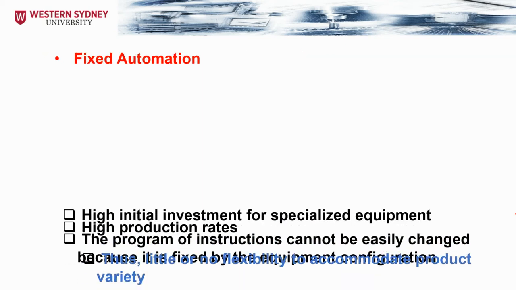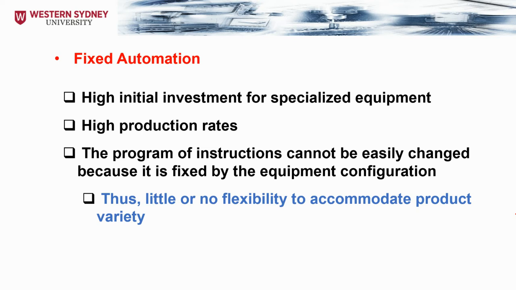Now, fixed automation has a high initial investment for specialized equipment and a high production rate, because usually it's linked to mass production. The program of instructions cannot be easily changed because it's fixed by the equipment configuration. Thus, we have little or no flexibility to accommodate product variety.